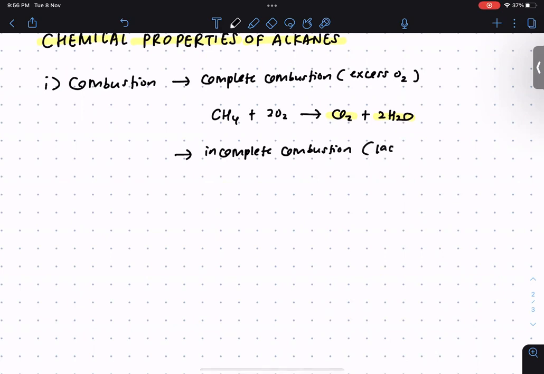which is in lack of O2, okay, then what you'll get is something like this. So you have methane as an example, so methane combusts in lack of oxygen. You will get carbon, either carbon or carbon monoxide. So I'm going to put carbon monoxide over here and water.